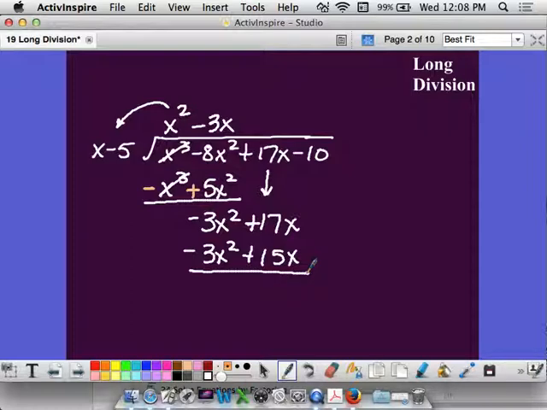Draw the line, change both signs, positive and negative, and what's going to happen is the first two terms are going to cancel. That's what we want. Bring down that last term. When we add these together, this is going to be 2x. Bring down that last term, and it's going to be minus 10.